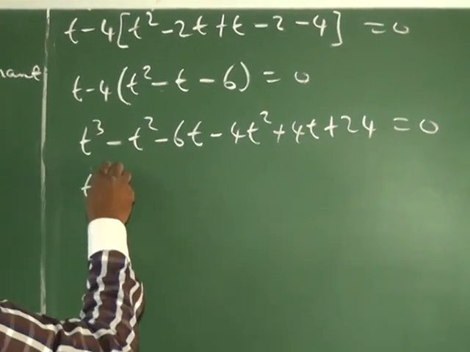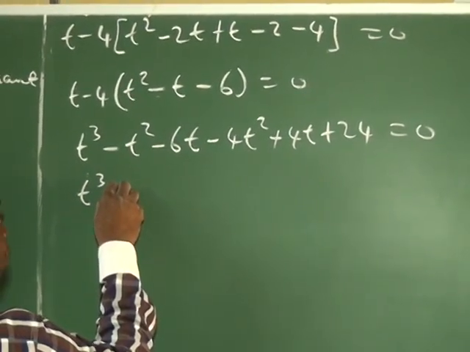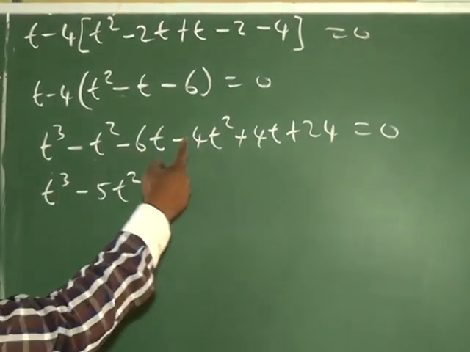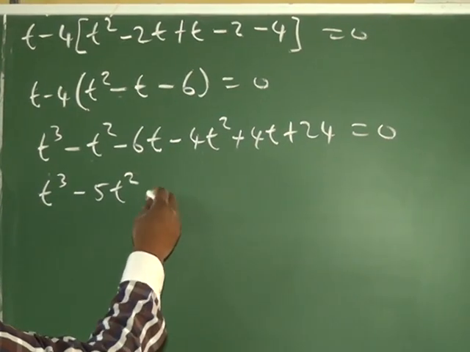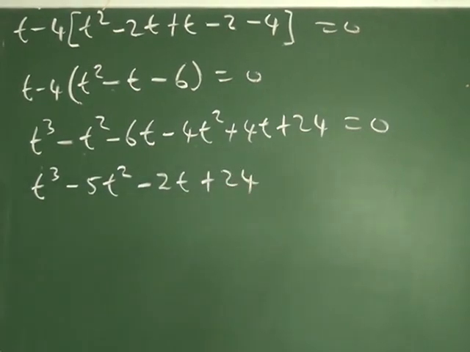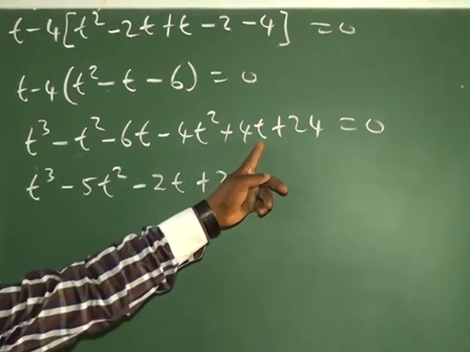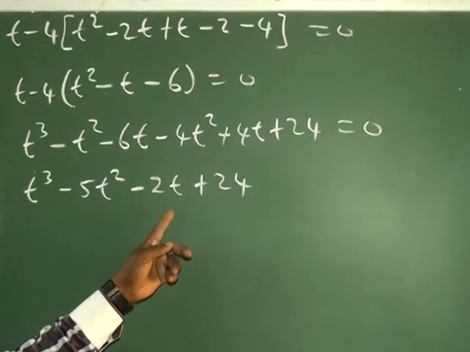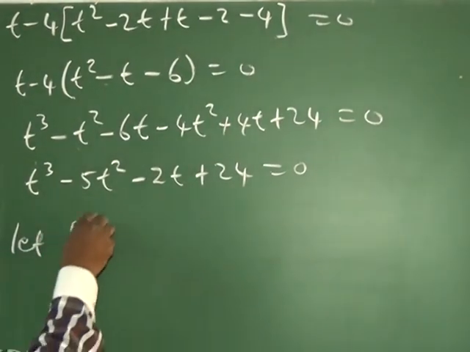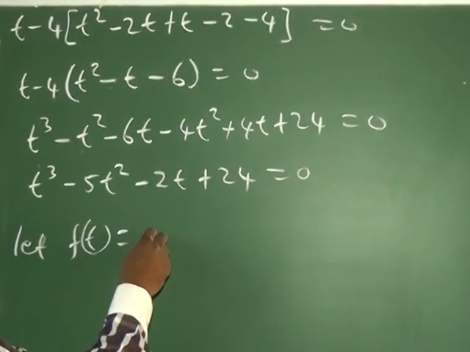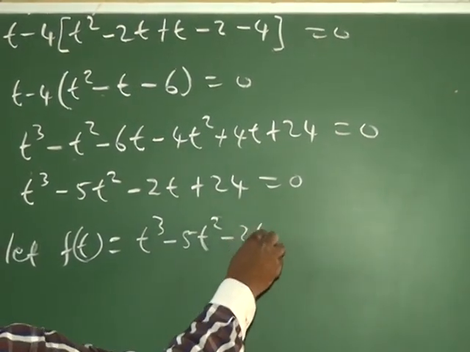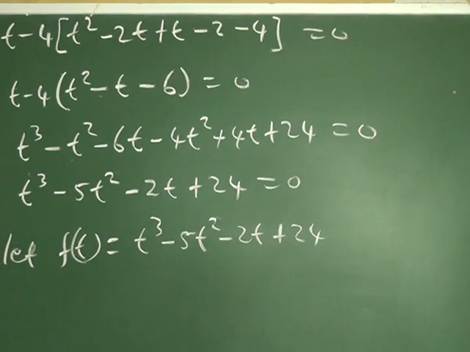And this will give us t cubed minus 5t squared, that is minus t squared minus 4t squared, minus 2t plus 24, minus 6t plus 4t is minus 2t, and this is equal to 0. Now let f of t equal t cubed minus 5t squared minus 2t plus 24.